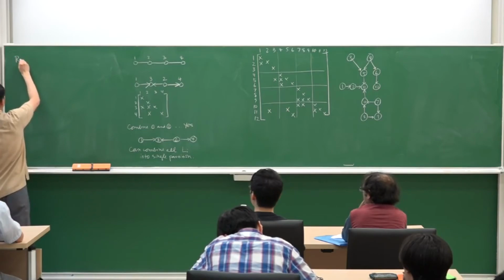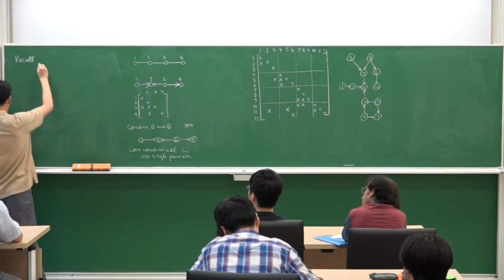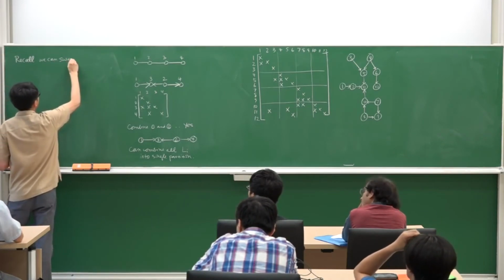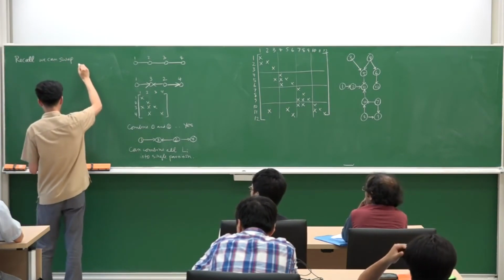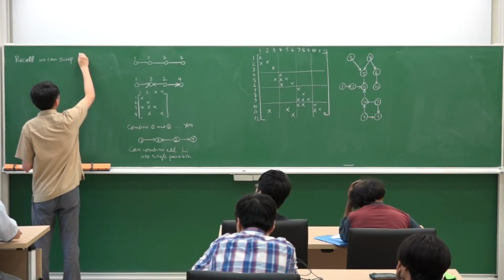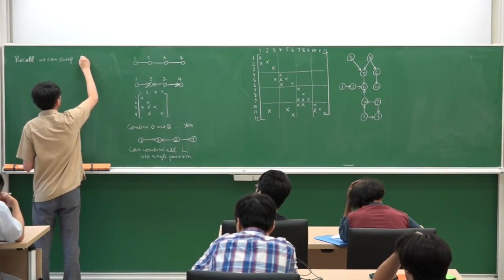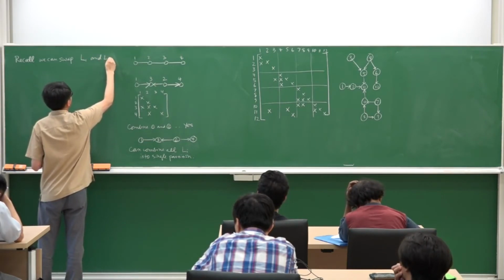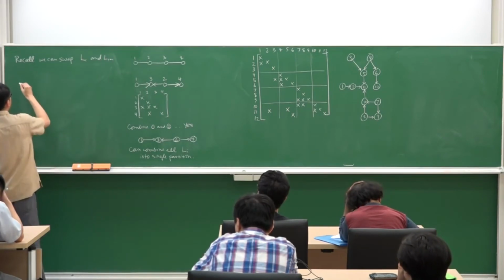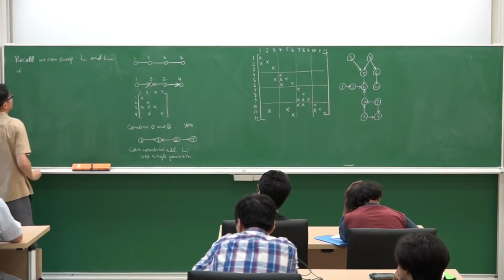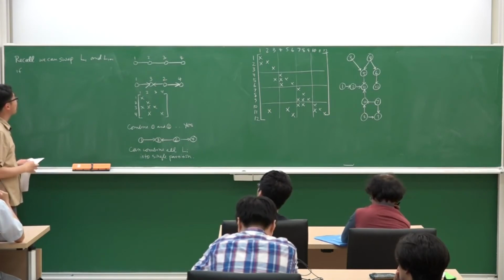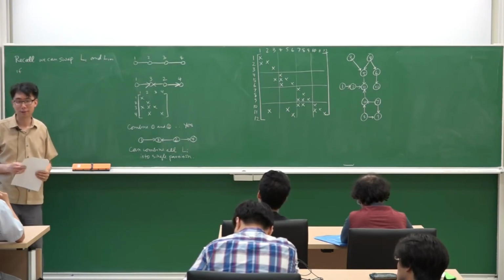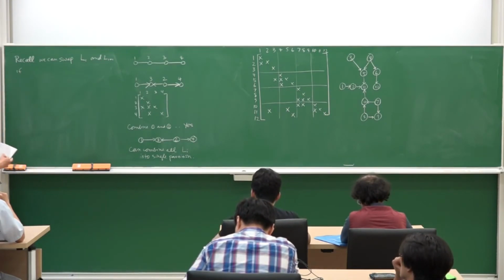So recall, just from earlier in the lecture, we can sometimes swap Li and Li plus 1 if, now my notation is going to be a little bit weird because here the subscripts represent the subscripts for the elementary factors or the elementary elimination matrices.